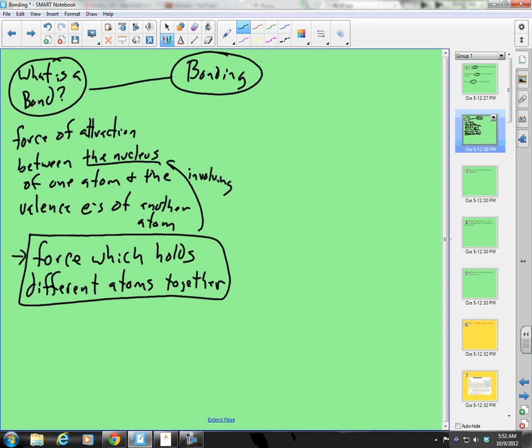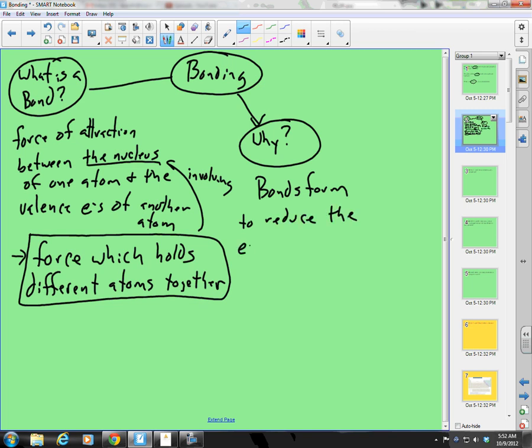Good. Now the next question, though, is why? Why does this happen? Well, I think that's an excellent question. Why do bonds occur? Well, really it is to reduce the energy of the atoms. Bonds form to reduce the potential energy of the atoms involved.